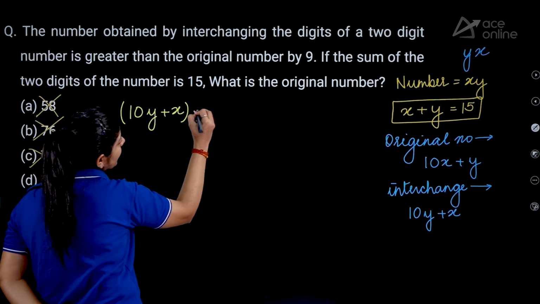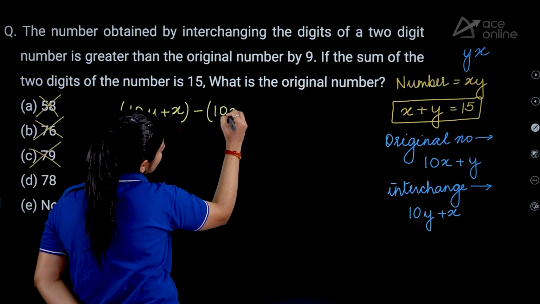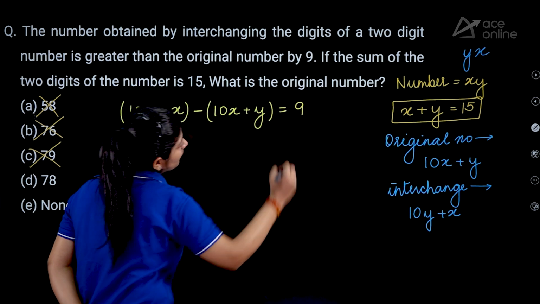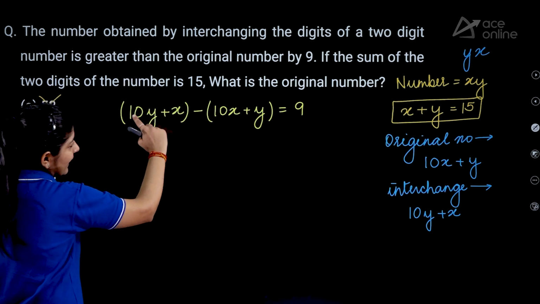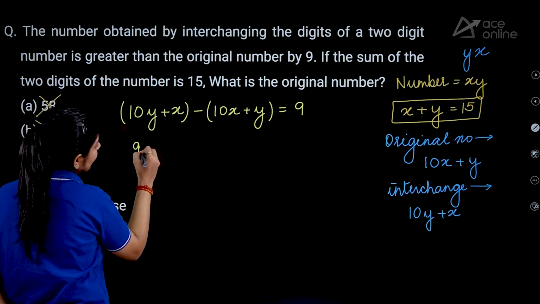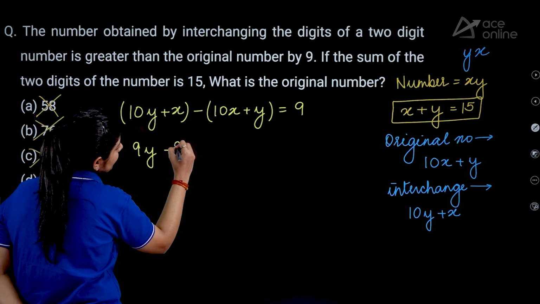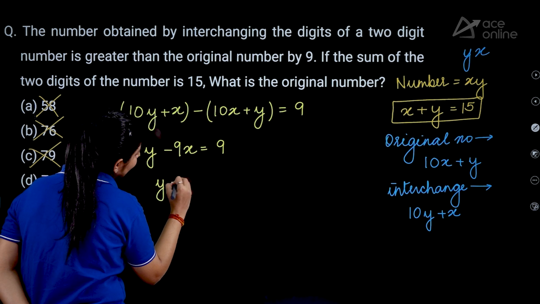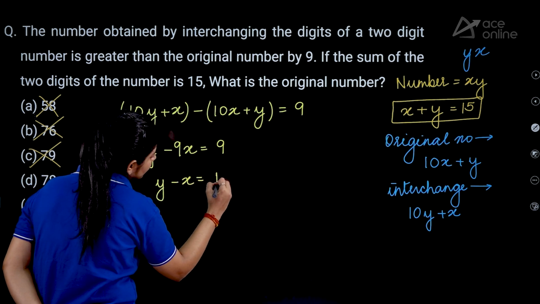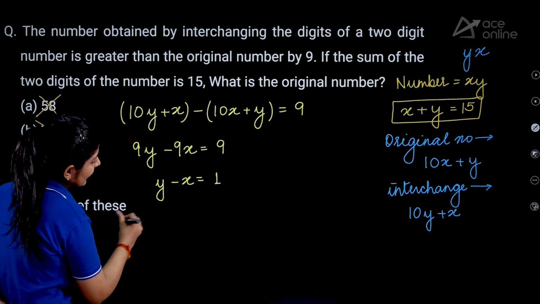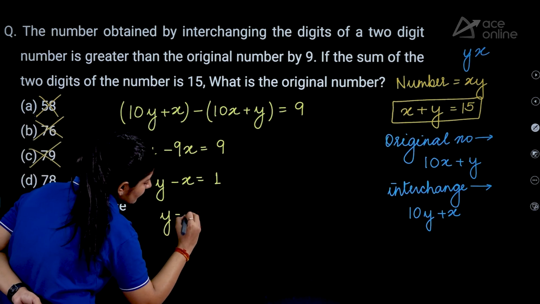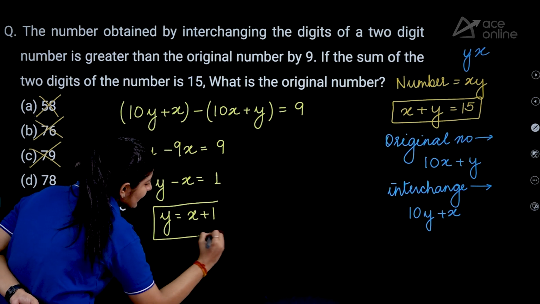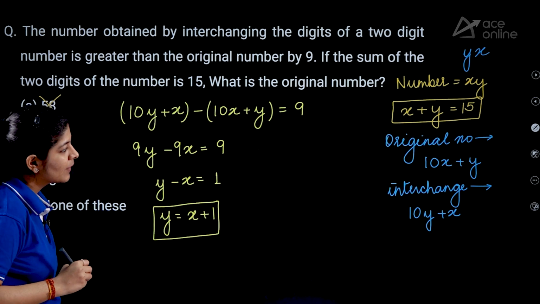When I subtract my original number from this one, the answer is equal to 9, right? So when I open it up, I get 9y minus 9x equals 9. So y minus x equals 1, which means y equals x plus 1, right?